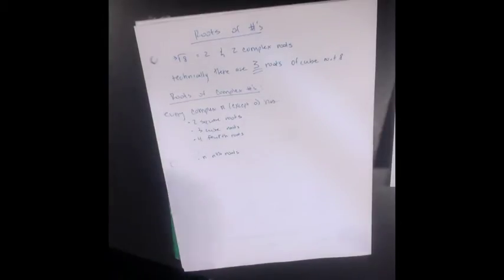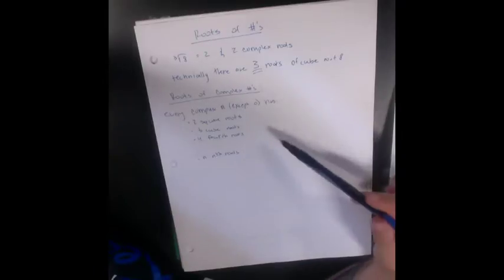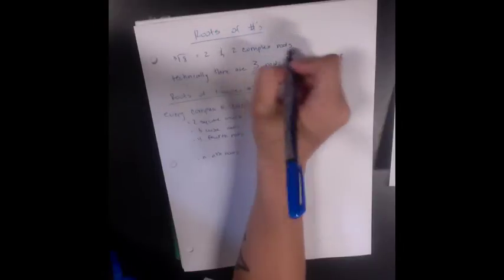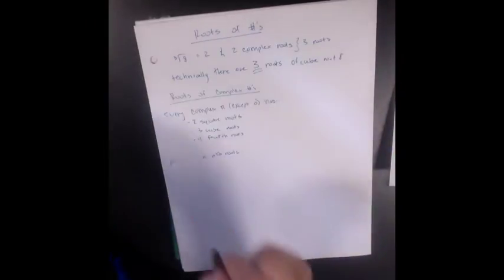So if we were to take the square root of something, it would have 2 square roots. The cube root of something has 3 cube roots. Here we have the number 2 and 2 complex roots, which gives me 3 roots because it is the cube root, and so on and so forth.